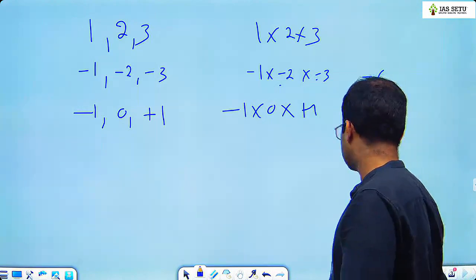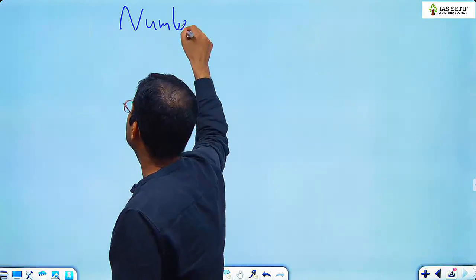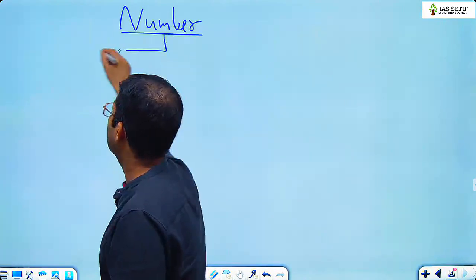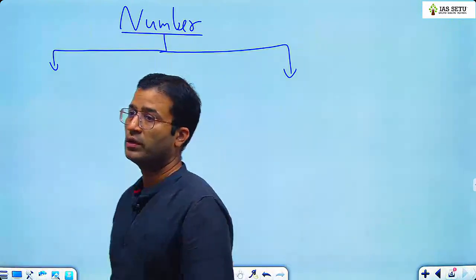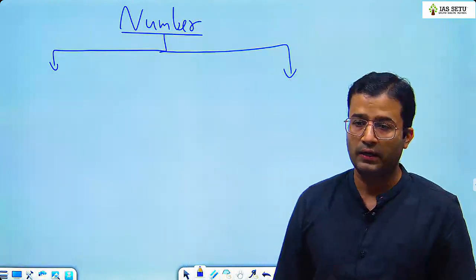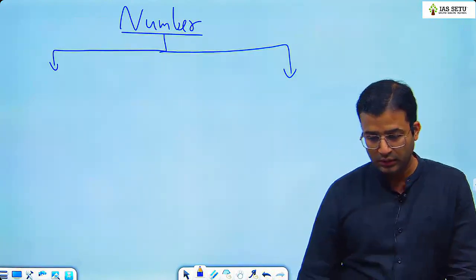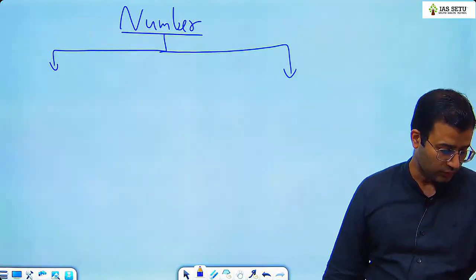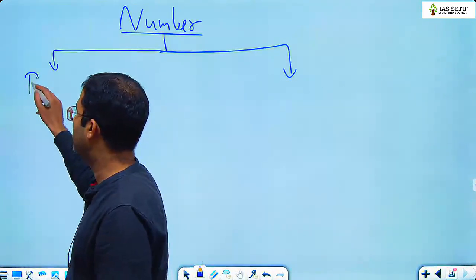Now next is numbers. We divide them in 2 parts. Here we have real numbers.